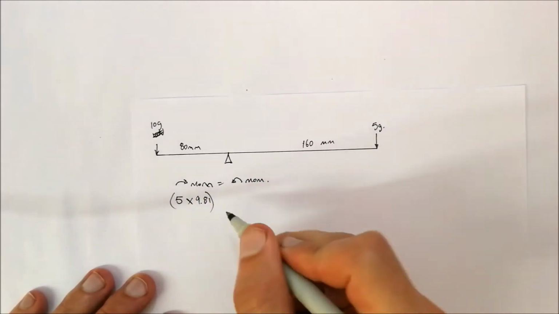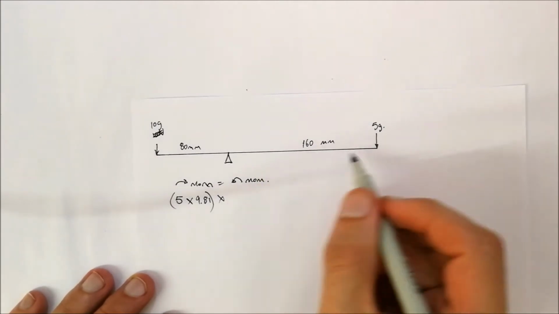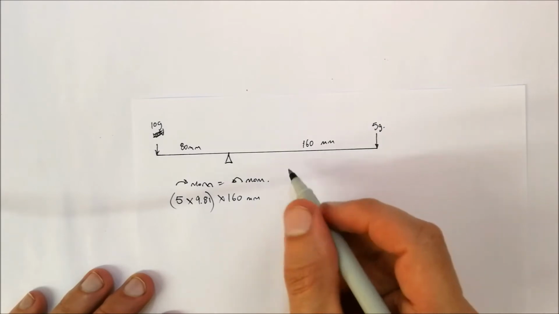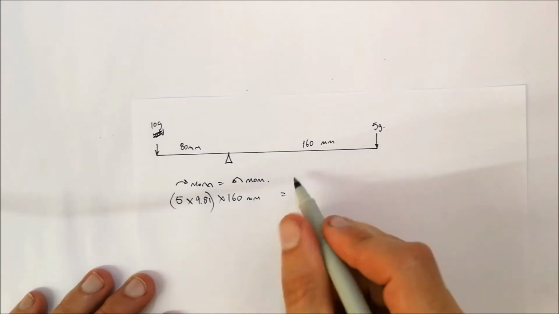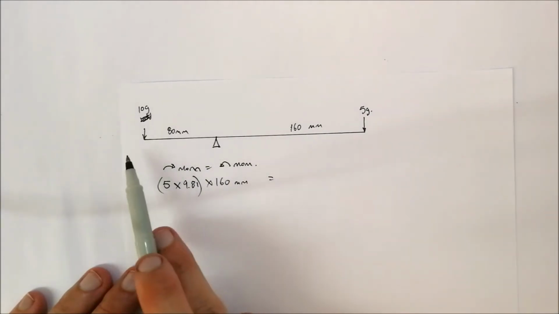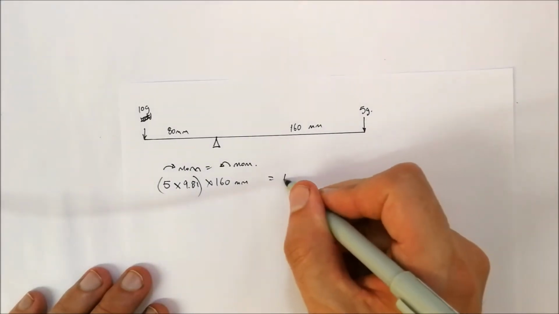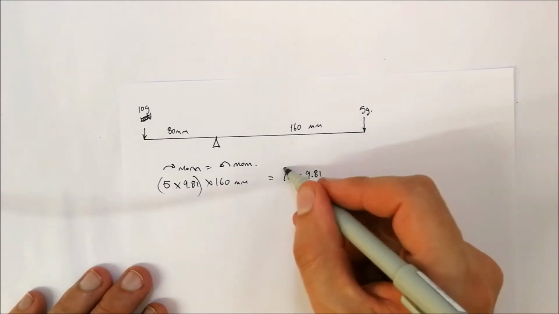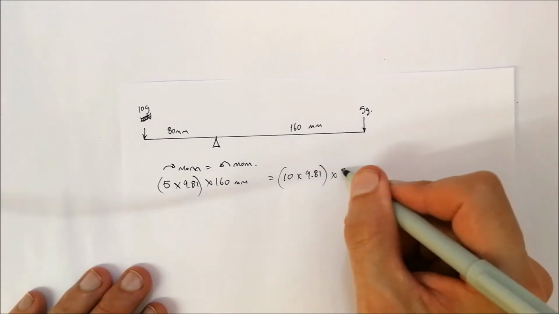That gives us our force. Multiply that by 160 millimeters. And that must be equal to our anti-clockwise moments. So the anti-clockwise moments is our 10 grams over there, so that's 10 multiplied by 9.81 multiplied by 80 millimeters.